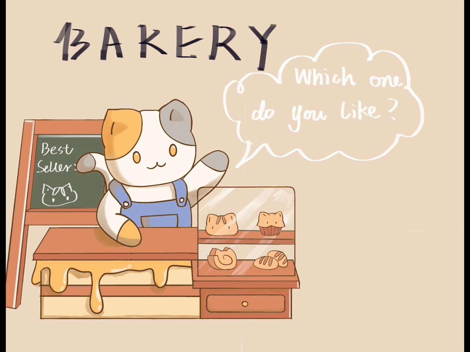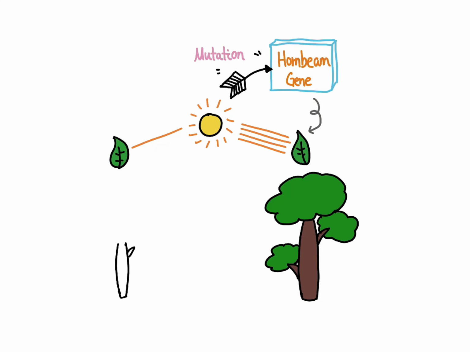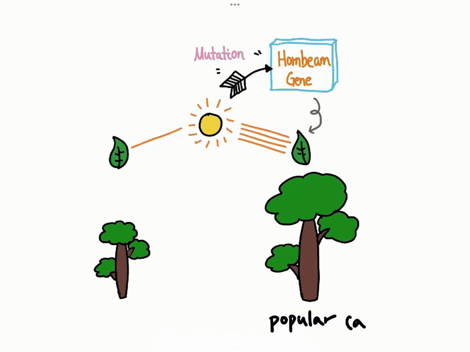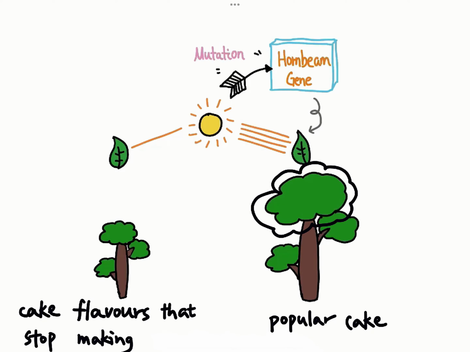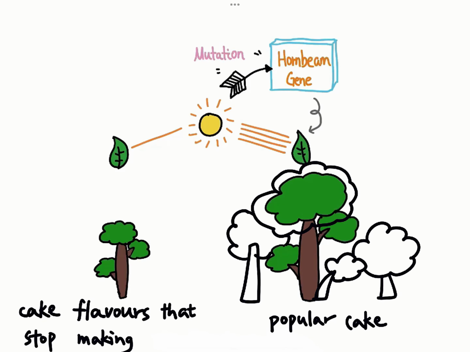These traits are able to be passed from fit parents to their children. For example, a mutation in a hornbeam tree gene could make its leaves better at absorbing sunlight, which may give it fit traits like being taller and stronger than the other trees. On the other hand, living things with mutations that don't fit the environment well may find it harder to survive. They are like cake flavors which the bakery stops to make.